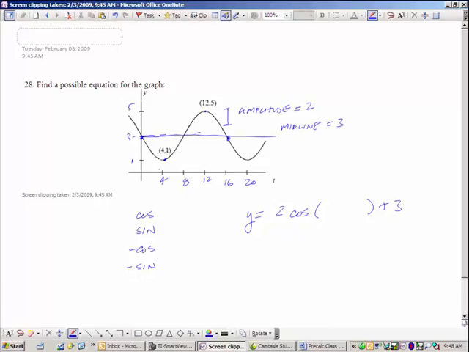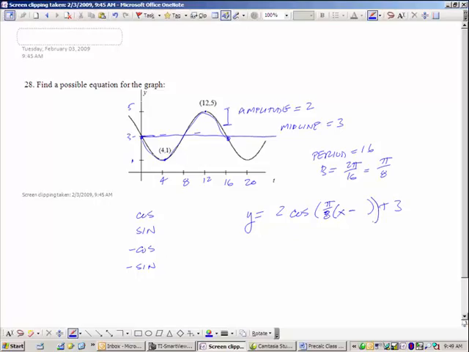So the period's 16. It takes 16 units for it to go back to where it started from. I agree. Okay. So if the period is 16, what's the value for b? 2 pi over 16, which some people might call pi over 8. So pi over 8 is going to go here, and then I'm going to do x minus my shift.